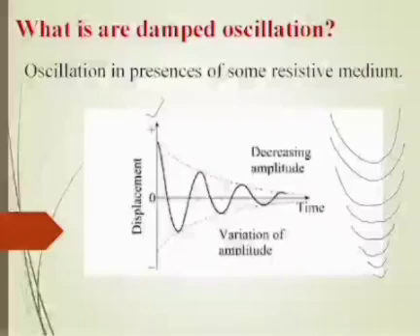Initially the amplitude of vibration of the body is very large, and with the passage of time, due to friction or resistive forces, the amplitude starts decreasing. Such vibrations in which the amplitude decreases with time are known as damped oscillations.